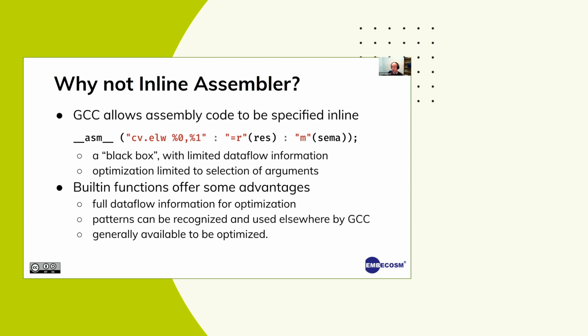And that allows them to do optimizations that allow code to be hoisted out of one function and put in another, for constants to be folded, for common sub-expressions to be simplified, and so forth. The optimization with asm is more or less limited to selection of how you get values into the arguments. So how do you get res into a register? How do you make sure that you've got access to sema in memory?